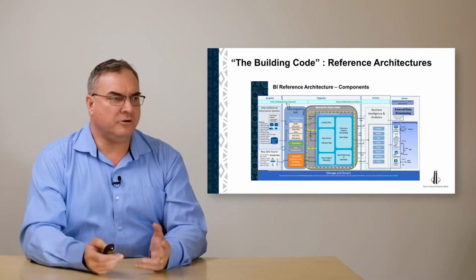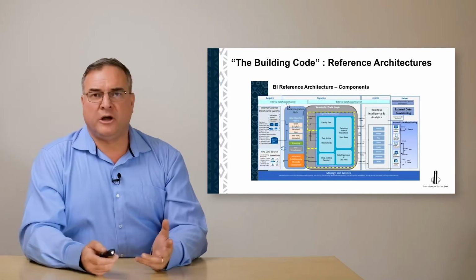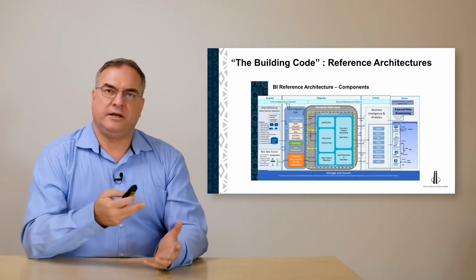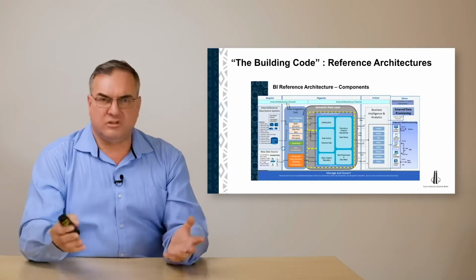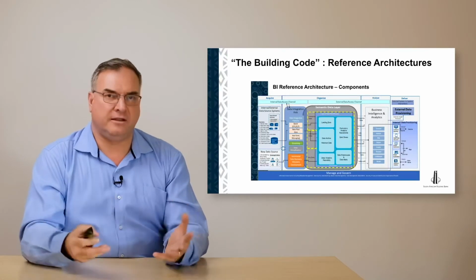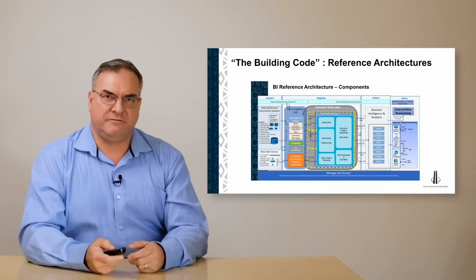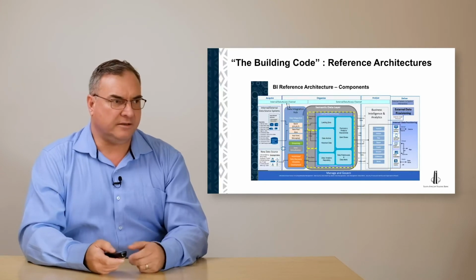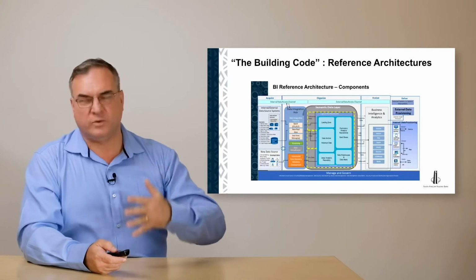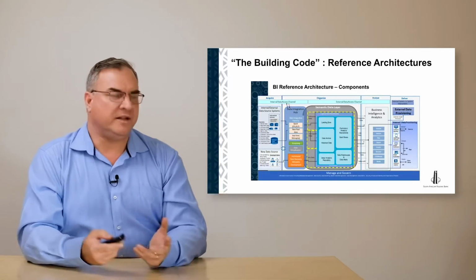So the building code is an important component, mostly contributed to by our portfolio architects and our domain architects, focused on specific subsets of the architecture landscape and define the best way that we see the future being created. And this becomes the benchmark against which new developments are evaluated and assessed.